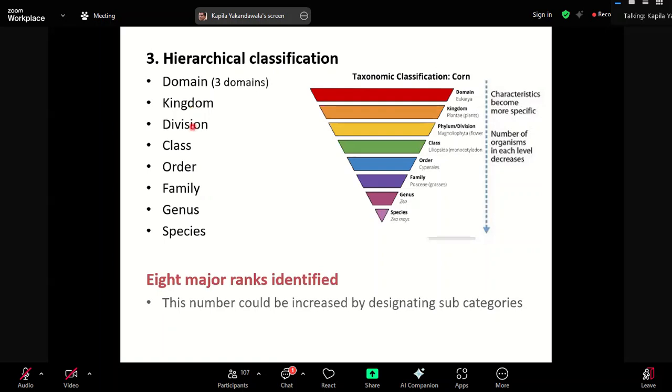Under that, divisions, class, order, family, genus, species. Under domain, you have a large number of plants. Domains are divided into a few kingdoms. Kingdoms are divided into divisions, classes, orders, like that.